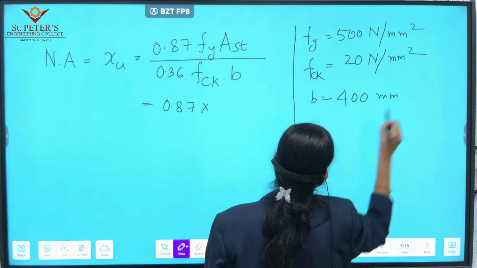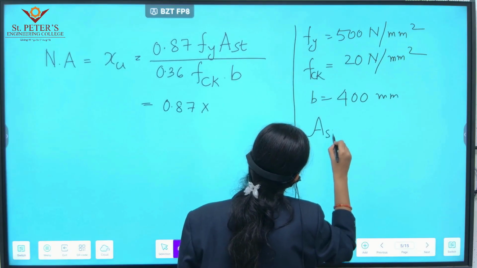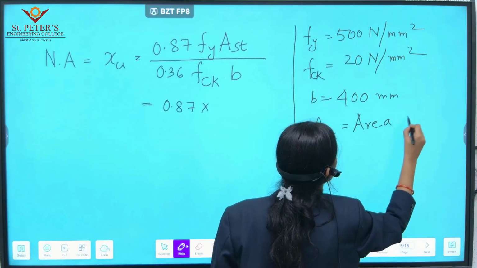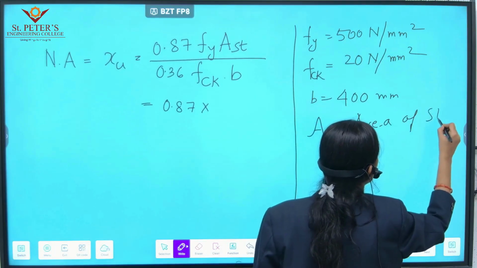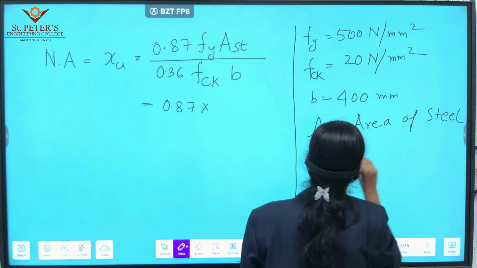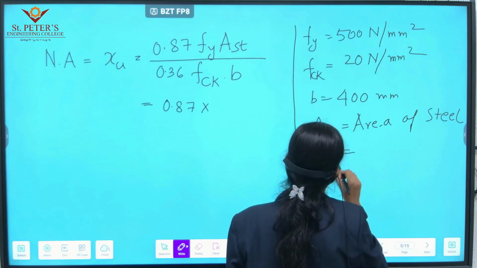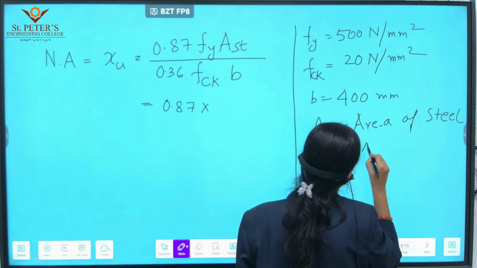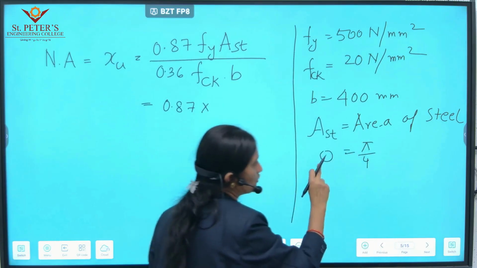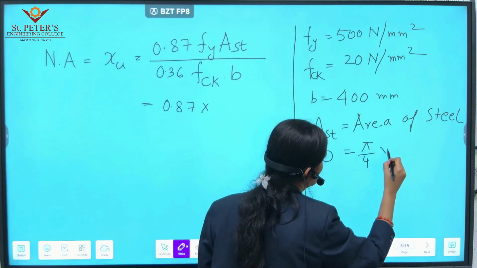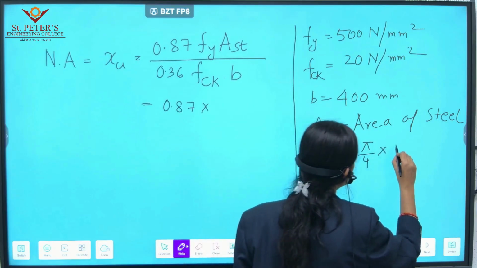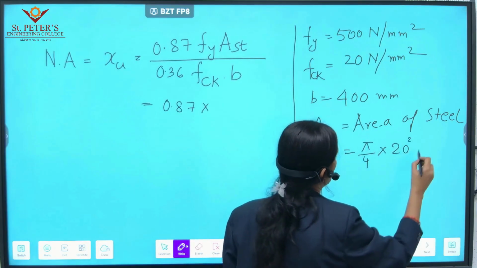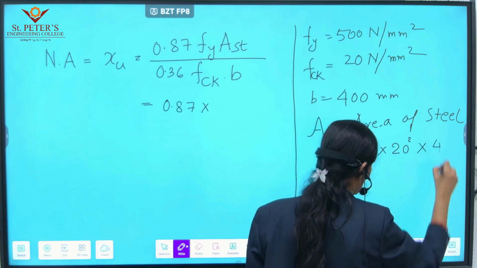One more thing we should find is Ast. Ast is nothing but the area of steel. As it is a circular bar, we take pi by 4 into d square. Dia is 20, squared. There are 4 bars, so into 4.